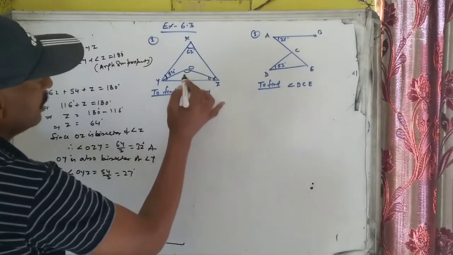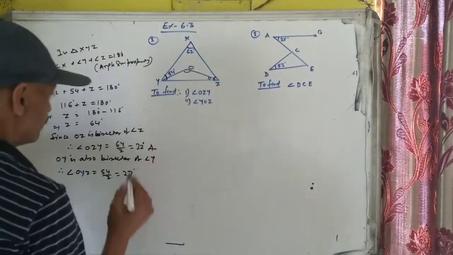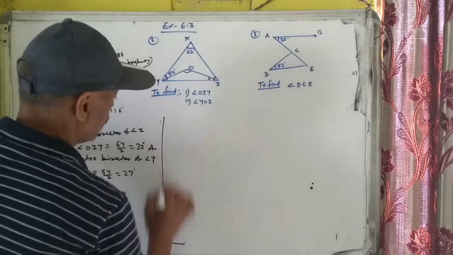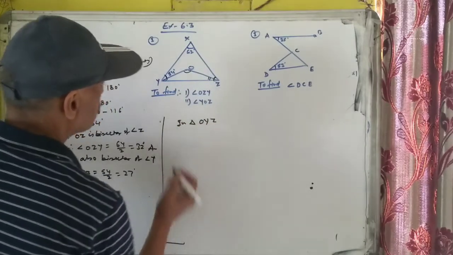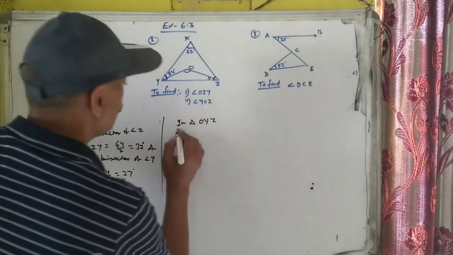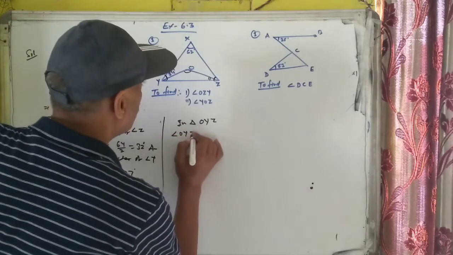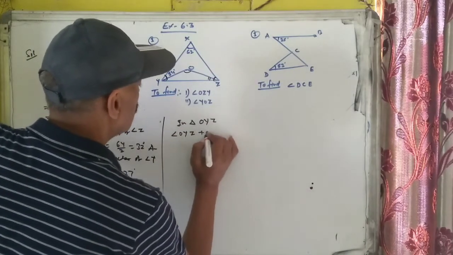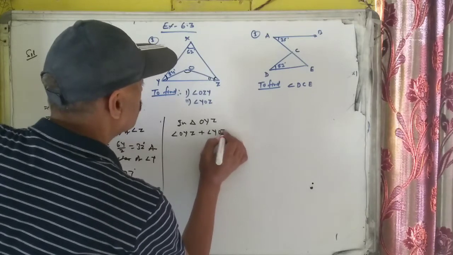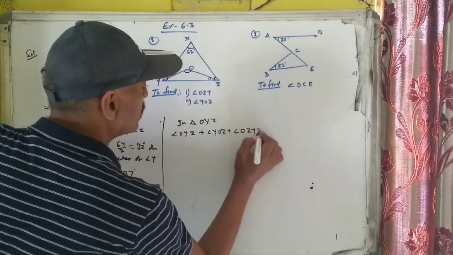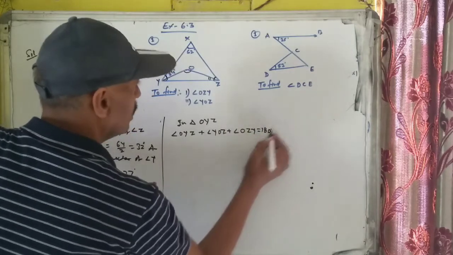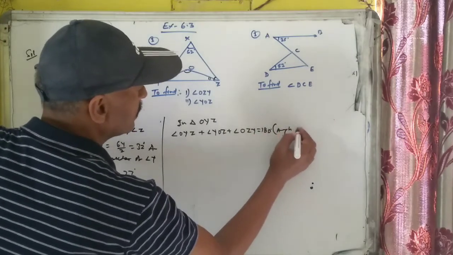Now we are coming into this triangle. This is a smaller triangle. Just look here. In triangle OYZ, by angle sum property, we can write angle OYZ plus angle YOZ plus angle OZY equal to 180. Angle sum property.